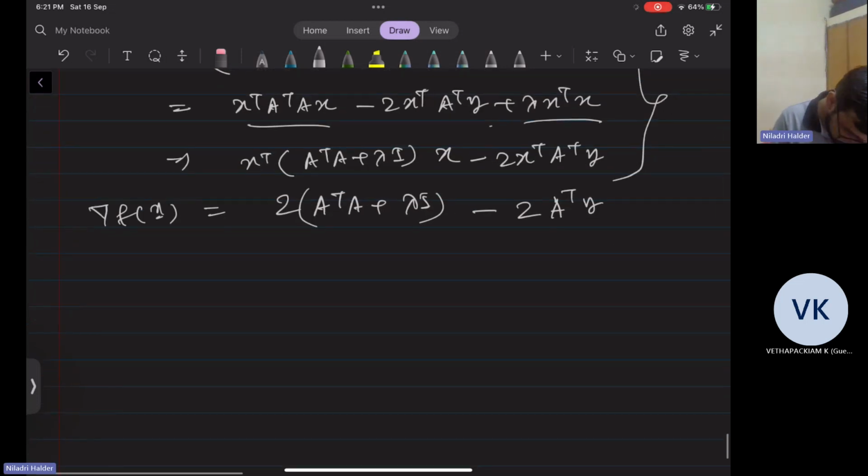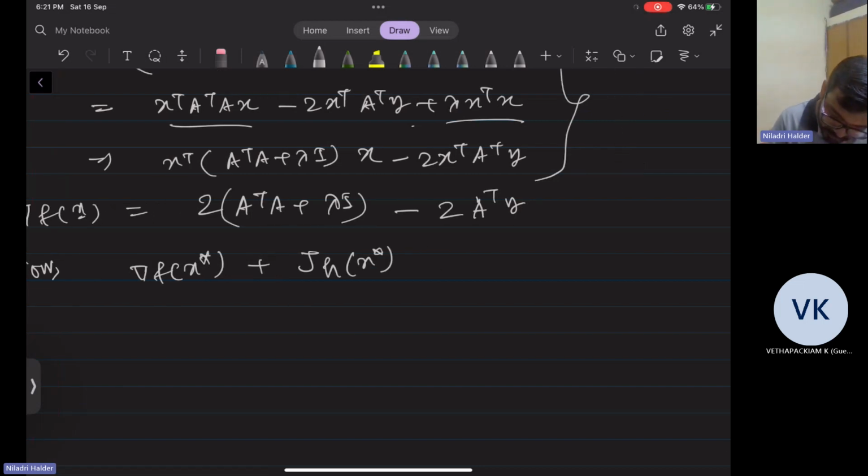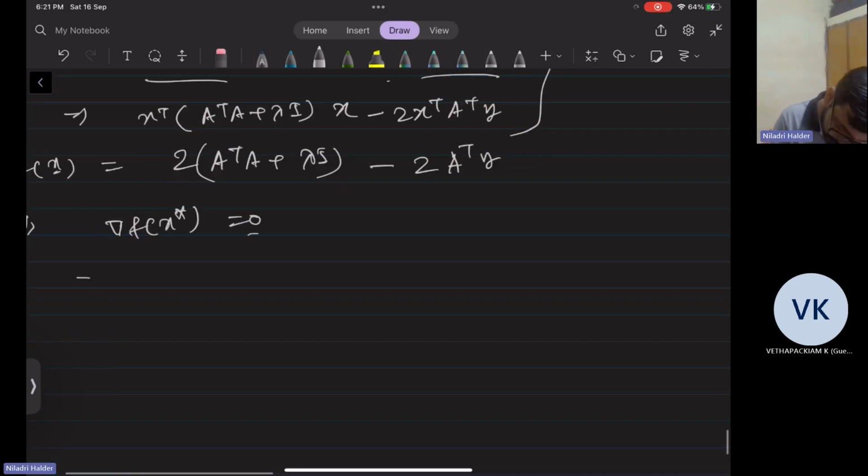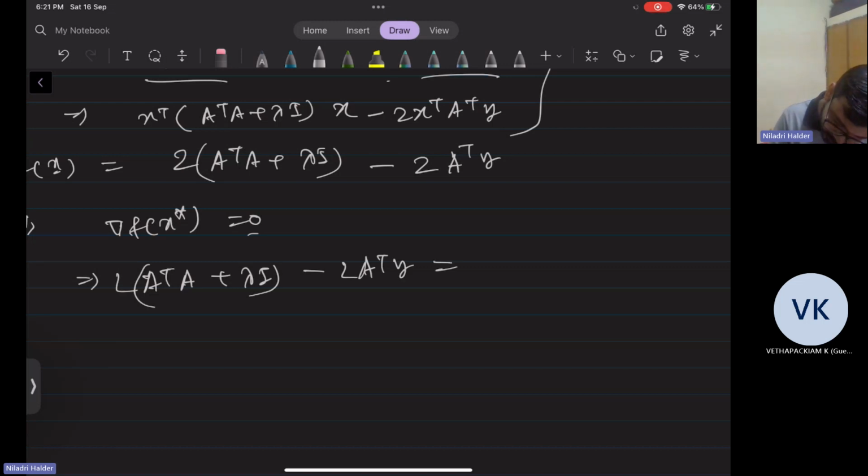Now the condition is gradient of f of x star plus Jh of x star times lambda. There is no Jh here, so this is 0. This is unconstrained optimization, so it would be only equal to 0. So that means A transpose A plus lambda I minus A transpose y is equal to 0.